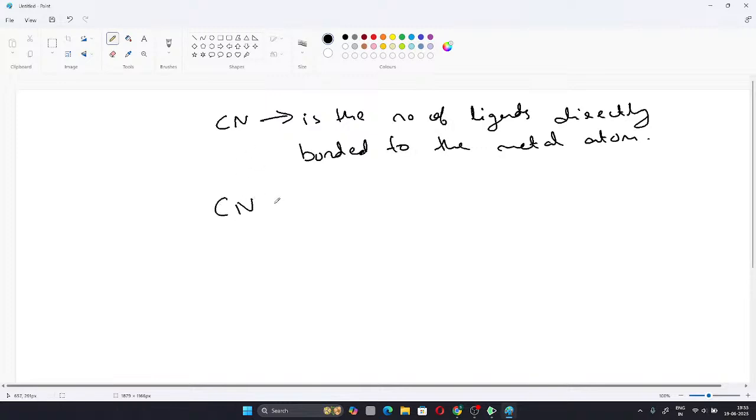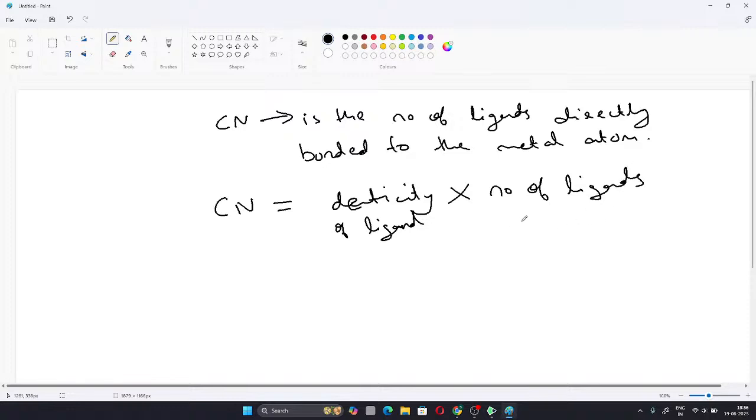CN can be calculated as denticity of ligand times the number of ligands bonded to the central metal ion.